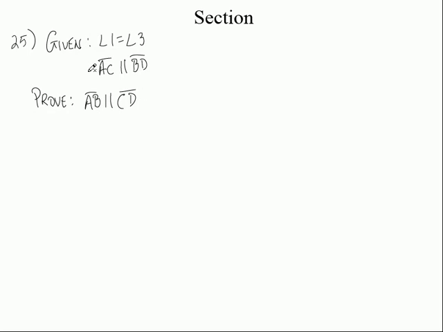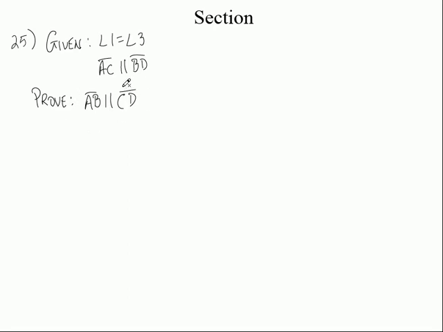Agreed? What's another thing to look for? If you can show alternate interior angles equal to each other, then the lines are parallel. Give me another one. If you can show alternate exterior angles equal to each other, then the lines are parallel. You with me? That's the kind of stuff you should be looking for. Without even looking at the picture, I'm looking at what I'm trying to prove: that two lines are parallel to each other.